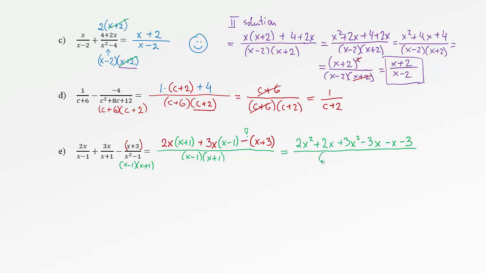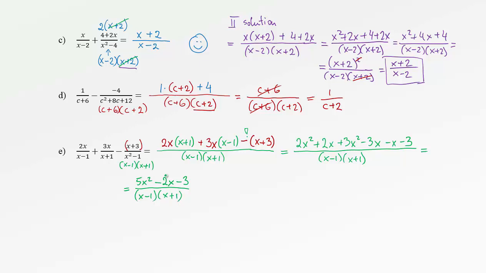Everything over x minus 1, x plus 1. So let's combine like terms. We have 5x squared. Then it's 2x minus 3x, so it's negative x, and negative x is negative 2x, and negative 3. Everything over x minus 1 and x plus 1.